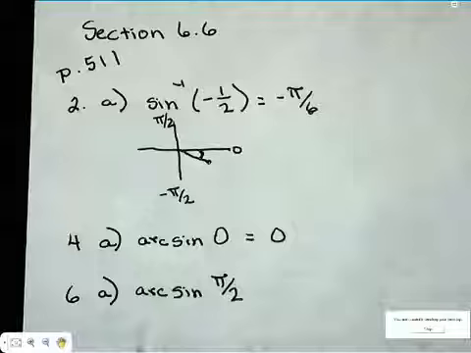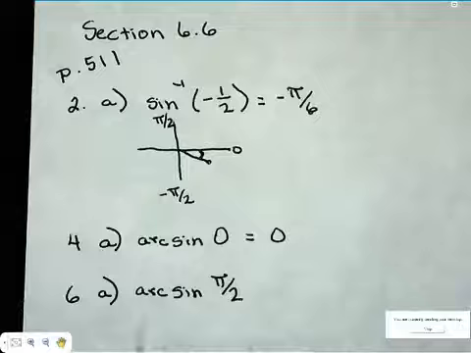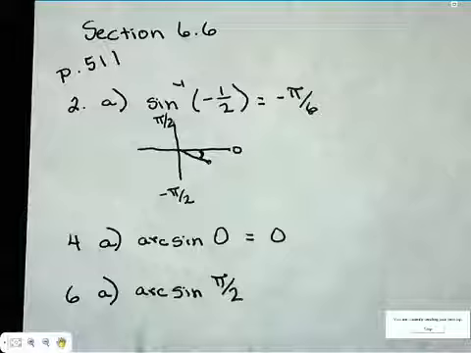Well, you're giving me sine of pi/2. Sine of pi/2 is 1. I want the angle whose sine, the angle whose y value is pi/2. What's the approximate value of pi/2?